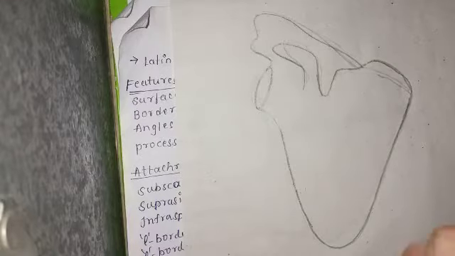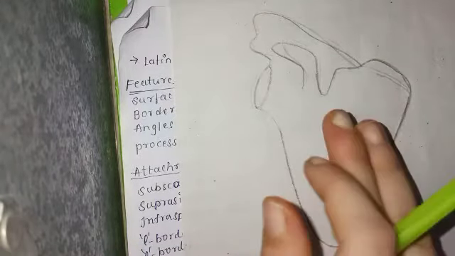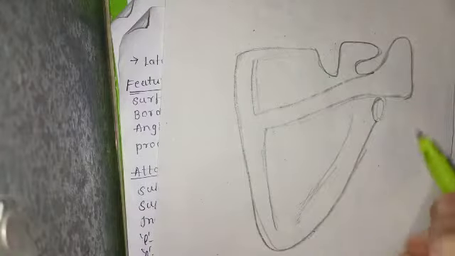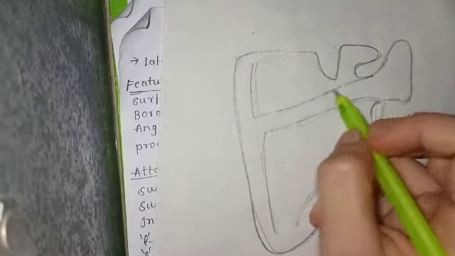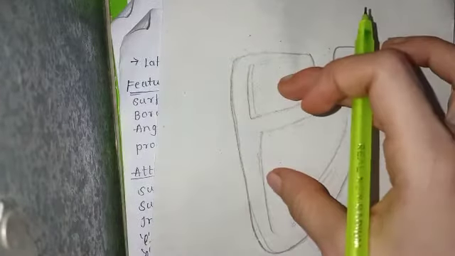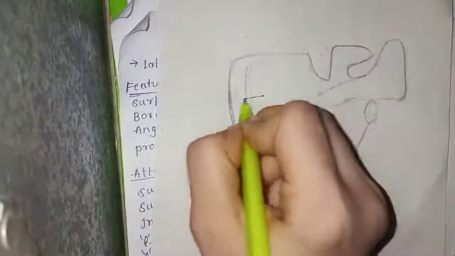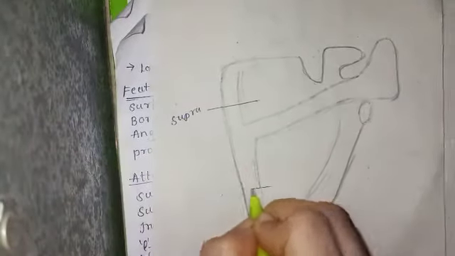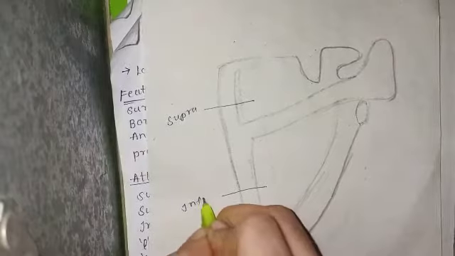As we already said that the scapula has two surfaces. This is the costal surface, and this is the dorsal surface of our scapula. This is the spinous process. This spinous process divides the dorsal surface into supraspinatus fossa and infraspinatus fossa.